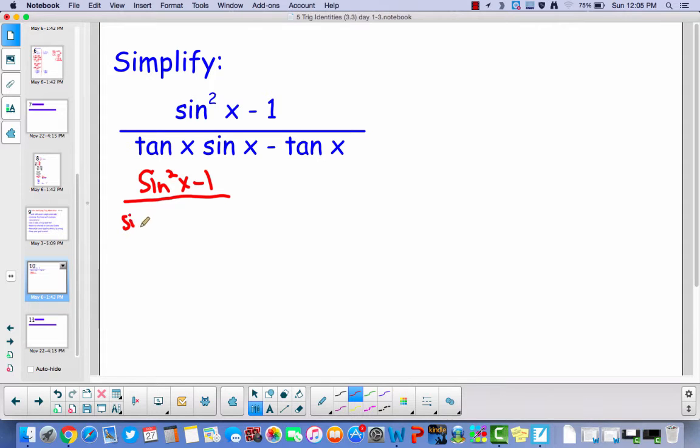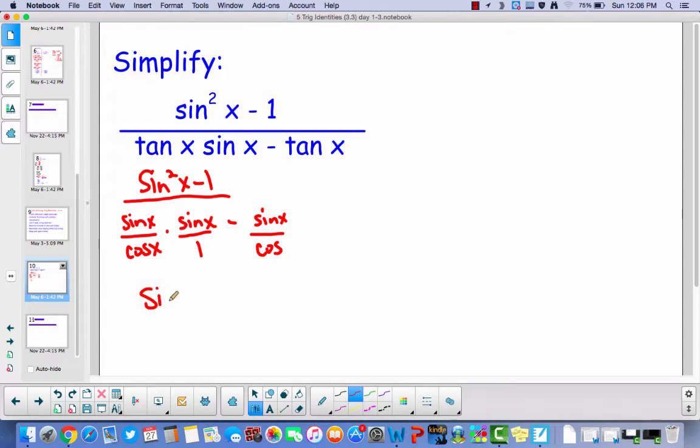Tangent is sine of x over cosine of x times sine of x minus sine of x over cosine of x. This can be over 1 if we'd like. Okay.